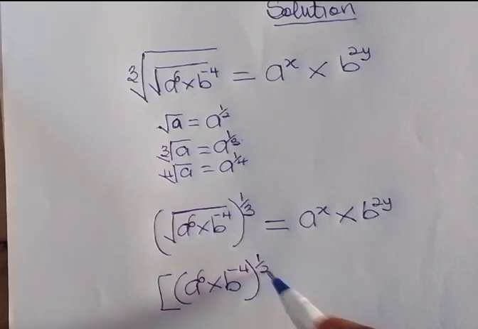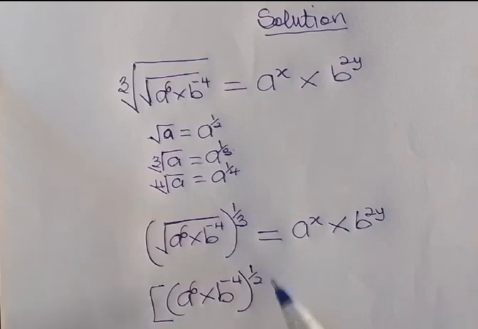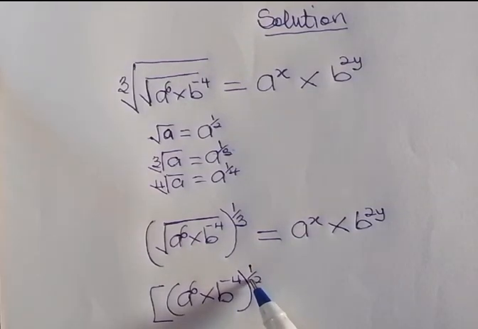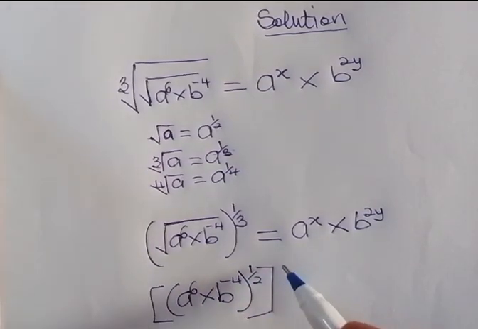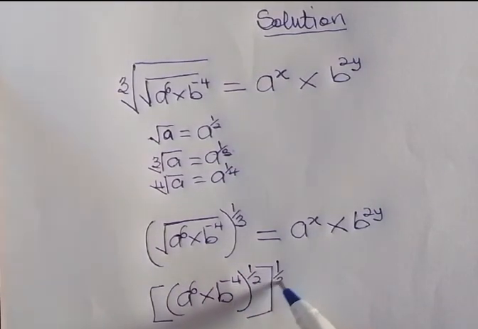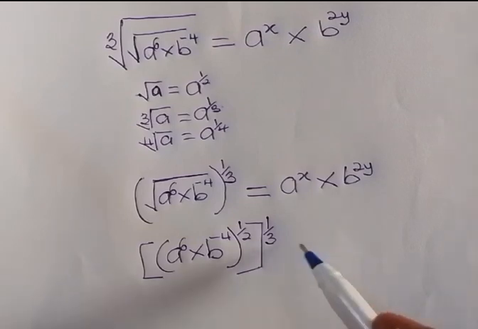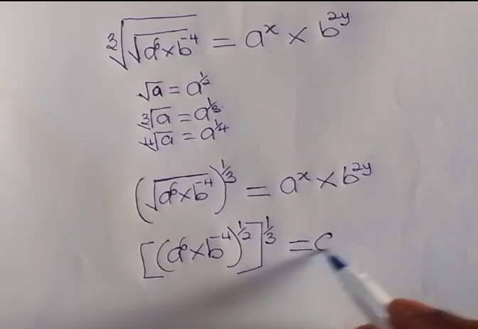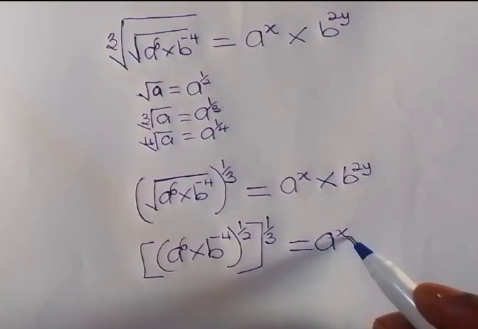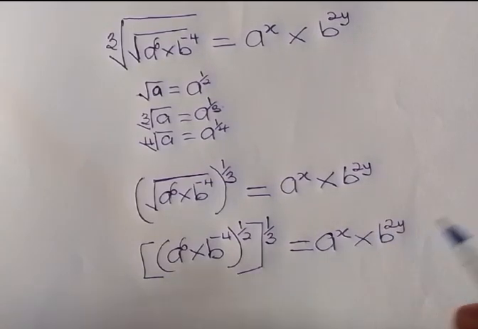Half, because this is in a square root. Meanwhile, we already expressed the whole as 1/3. So that one will come. As for the right hand side, we maintain it as it is: a exponent x times b exponent 2y.